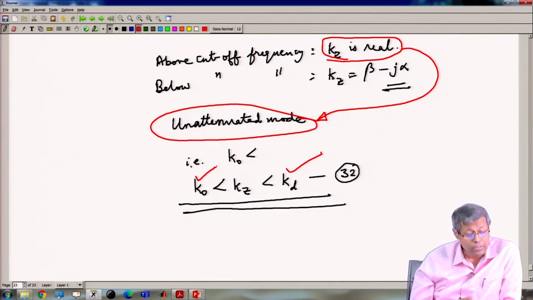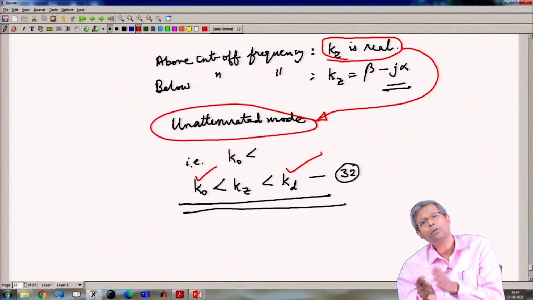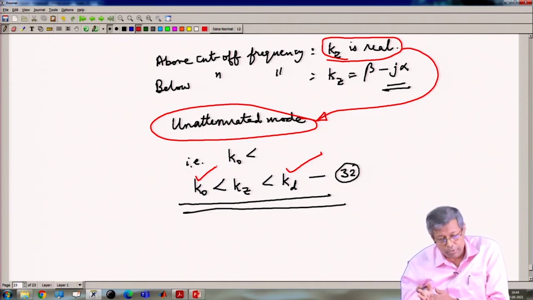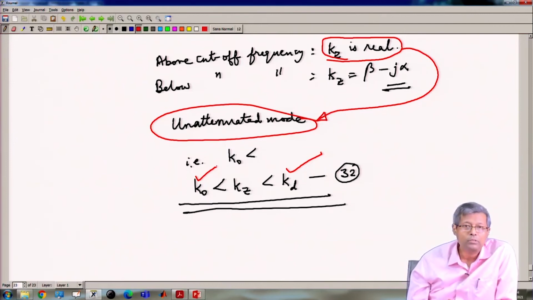So, the lowest frequency for which the unattenuated propagation exists is called the cutoff frequency. This we have borrowed from the concept of cutoff frequencies in the waveguide. So, the lowest frequency for which k z is real, we call it the cutoff frequency.